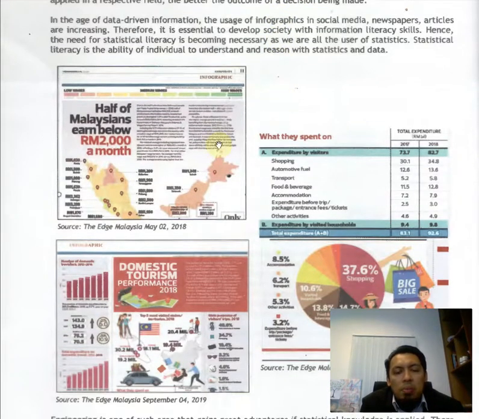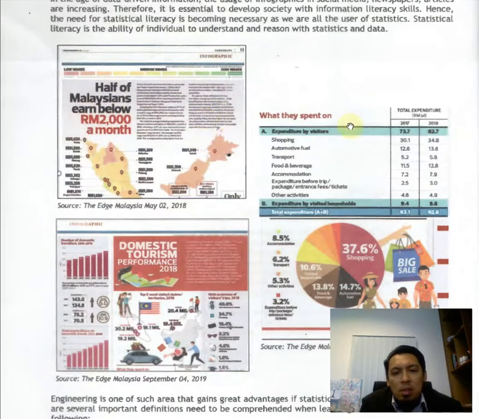This is an example of statistics, where you have data displayed in a picture that you can look at in a glance. They say that half of Malaysians earn below 2,000.